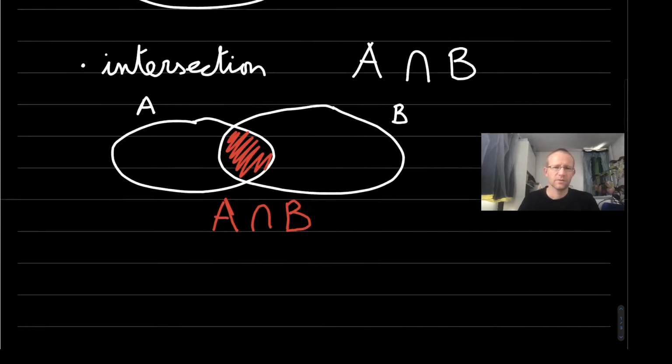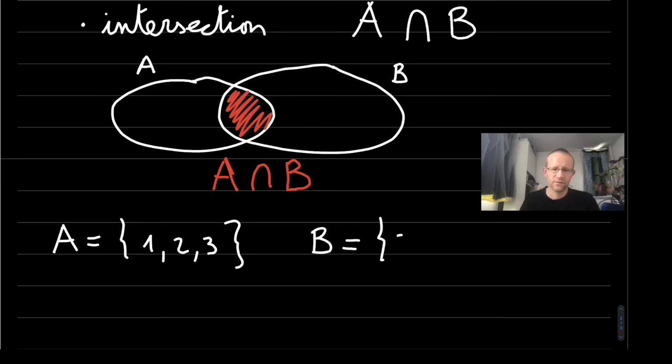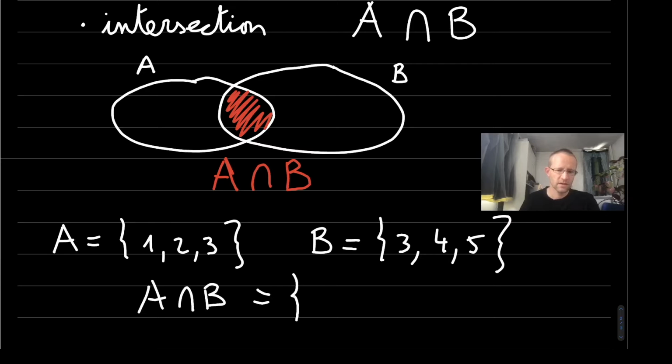Let's give an example. If A is the set with the elements 1, 2, 3, and B is the set with the elements 3, 4, and 5, then A intersection B is the set with the element 3.